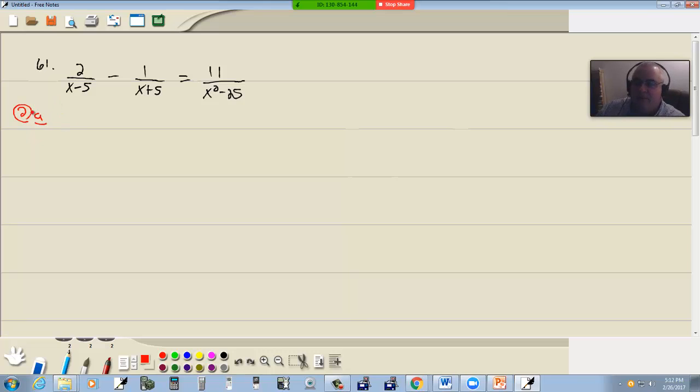First sub-step within that is to factor all your denominators. Now x minus 5 and x plus 5 I can't do anything with, but x squared minus 25 is a difference of 2 squares. So this becomes 2 over x minus 5 minus 1 over x plus 5 is equal to 11 over x plus 5, x minus 5.